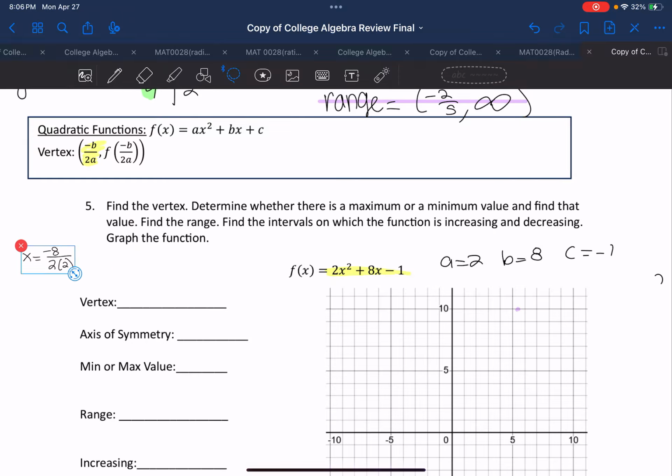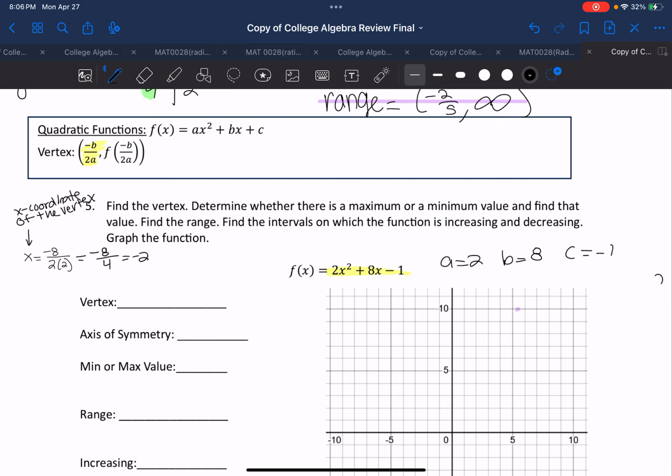This is how you find the x-coordinate of the vertex. So simplifying this would give me -8/4, which is -2.